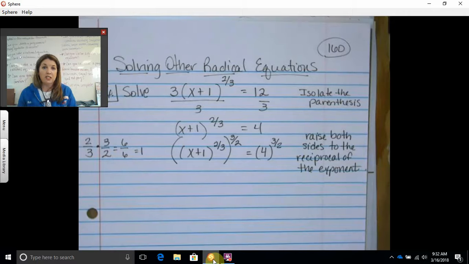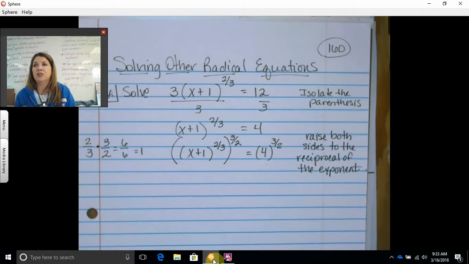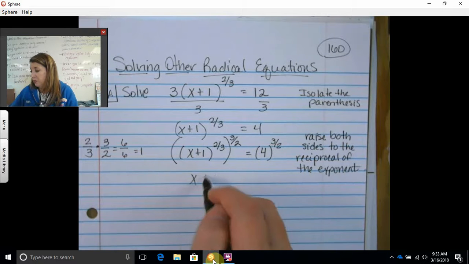Because the whole goal is to try to get x by itself, right? We want to solve for x. Well, x is inside parentheses that has an exponent other than 1. So we have to figure out how to get rid of that exponent before we can subtract the 1 away from x. So what's x plus 1, quantity raised to the 2/3 power, quantity raised to the 3/2 power, going to be? Just x plus 1. Quantity raised to the first would just be x plus 1.